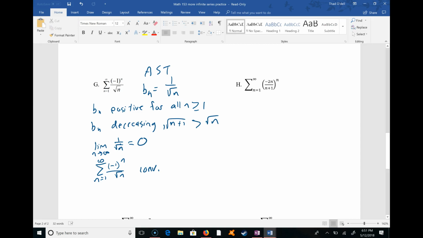This looks like a great candidate for the nth root test. So we'll do the root test here. And so we would take the limit as n approaches infinity of this thing to the nth root. And of course the n's just cancel out, so I'm left with the limit as n approaches infinity of negative 2n over n plus 1.